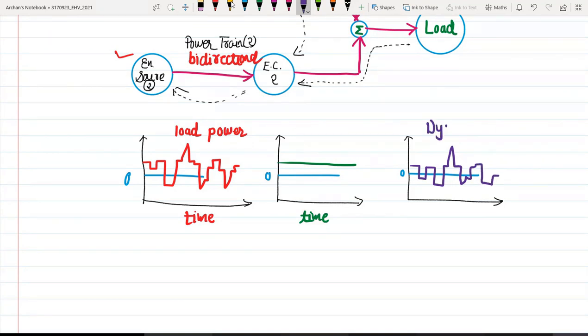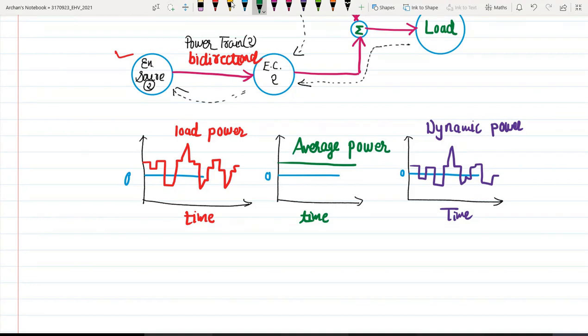So this is our dynamic power versus time, and this is my average power. Right, so this is what we are having.